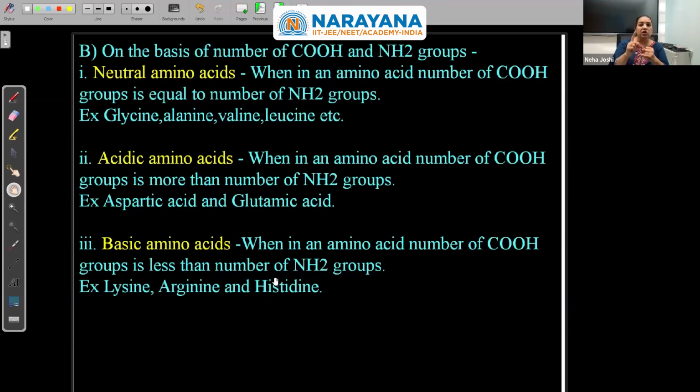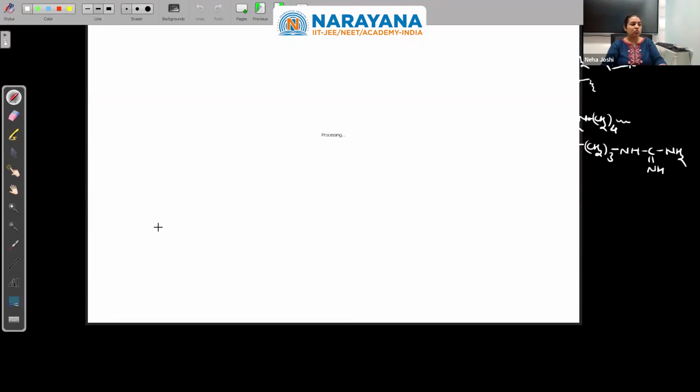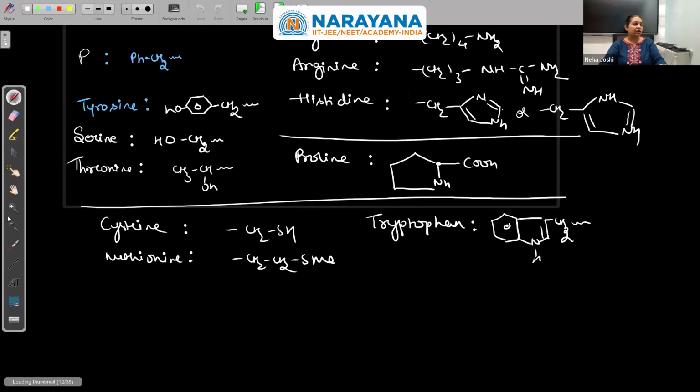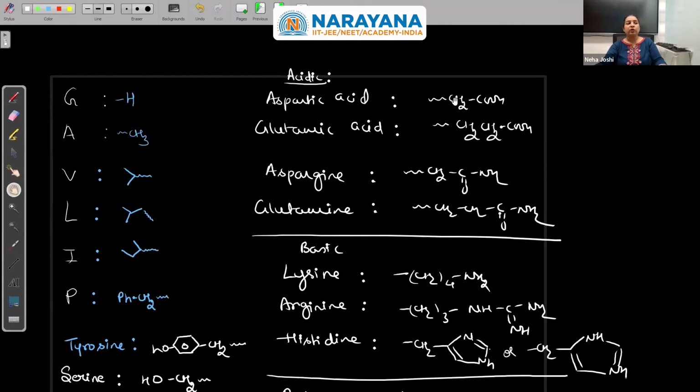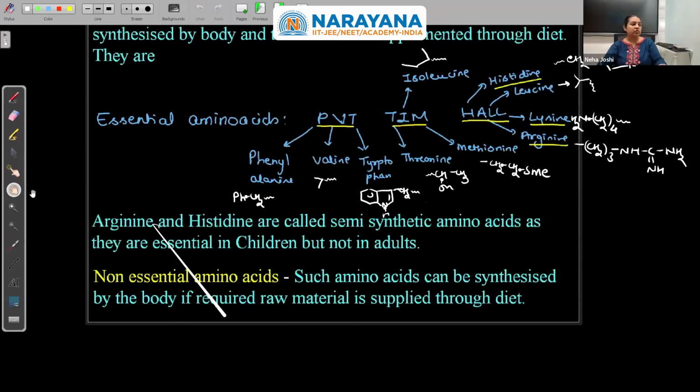Acidic amino acids means aspartic acid, glutamic acid. Now again, in your rough notebooks, write the structure of aspartic acid and glutamic acid. Aspartic will have CH2COOH. Let us see. Fine. CH2COOH is aspartic. Glutamic is CH2CH2COOH. Is that clear?